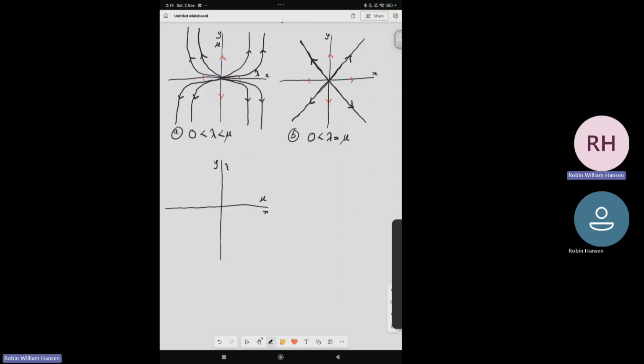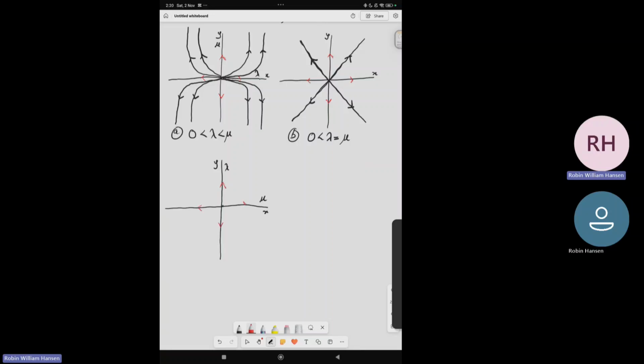And for mu greater than lambda, wherever mu is, the solution curve will be parallel to it. That's what you have to remember. And these are the phase lines. Let me draw the phase lines first. So the phase lines are like this.